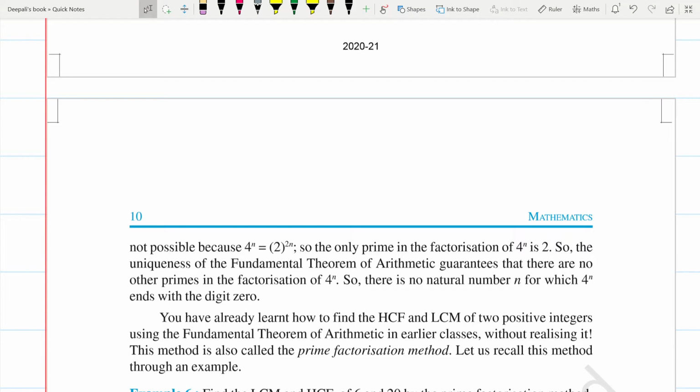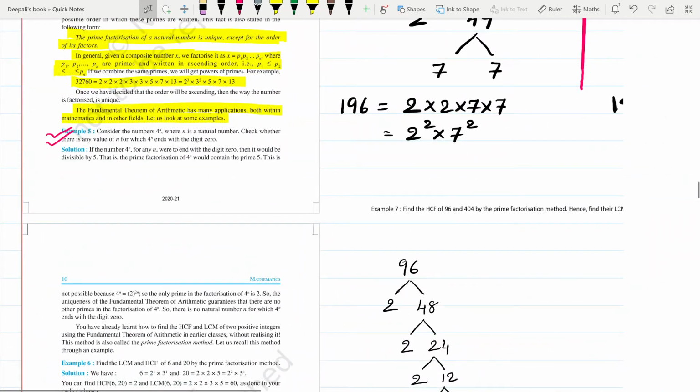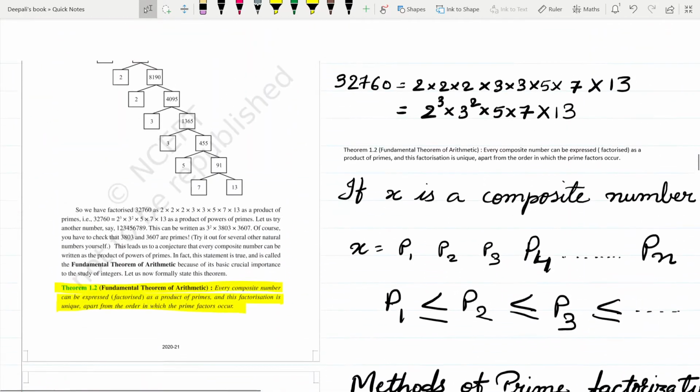Now another application is to find the LCM, that is the least common multiple, and HCF by the method of the fundamental theorem of arithmetic. This method is also known as the prime factorization method. Now let us study this.